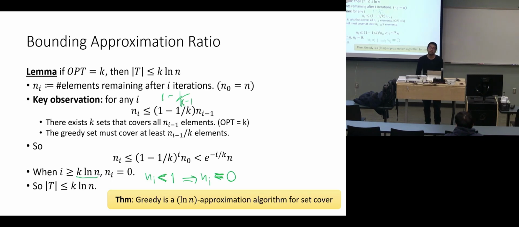I don't see how to get this. Because in the ith iteration, there's only k minus i remaining sets. No, we might not choose a set from the optimal solution. Okay. Yeah. Right.